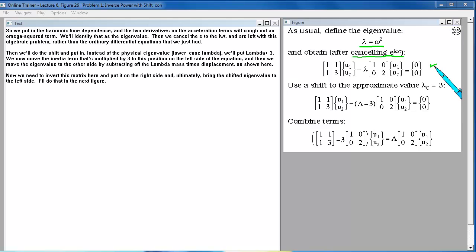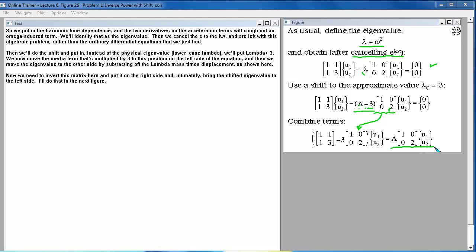Then we'll do the shift and put in, instead of the physical eigenvalue lowercase lambda, capital lambda plus 3. We now move the inertia term that's multiplied by 3 to this position on the left side of the equation, and then we move the eigenvalue to the other side by subtracting off the lambda mass times displacement as shown here.